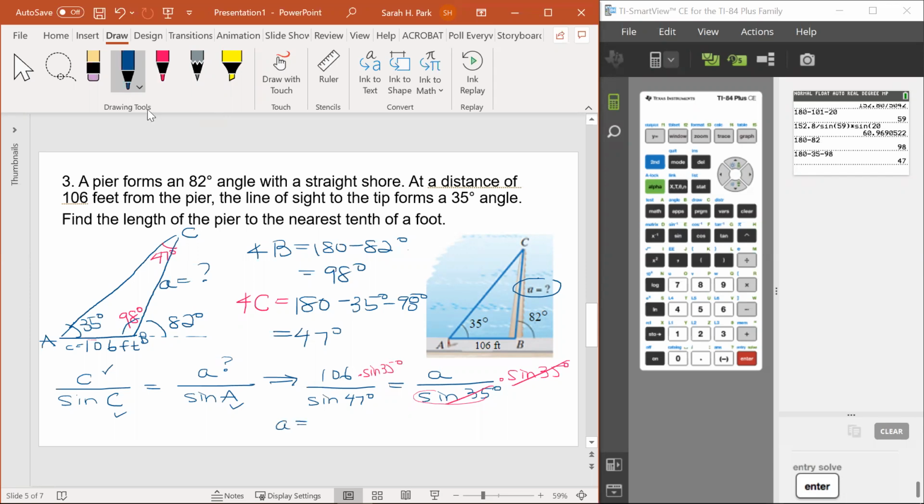So A is equal to 106 over sine of 47 degrees times sine of 35 degrees, which is about 106 divided by sine of 47 times sine of 35. It says round to the nearest tenth: 83.1 feet is the length of the pier.